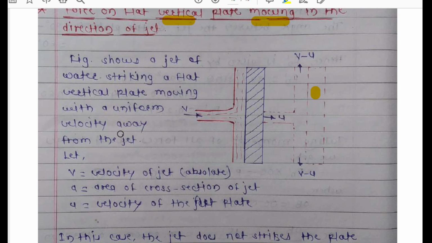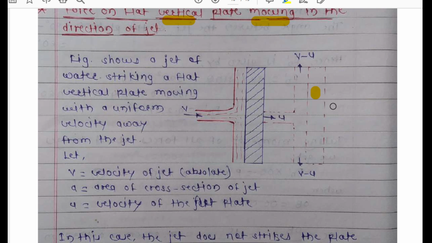Now suppose the jet of water is acting with velocity v, that is your absolute velocity v. The plate is also moving with some velocity, that means the velocity u.